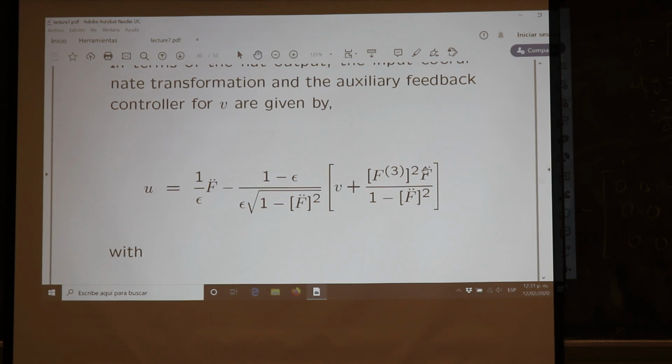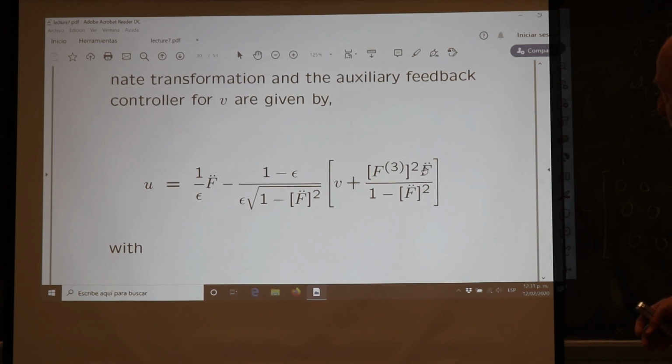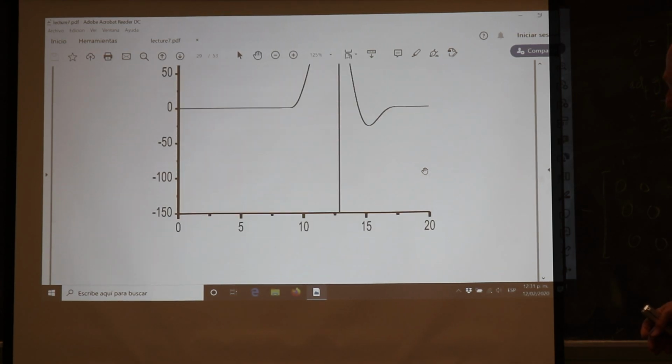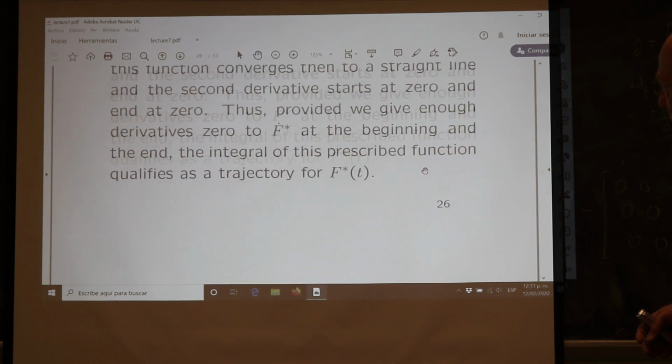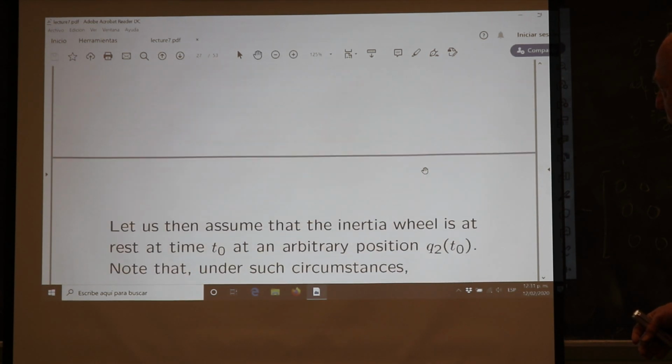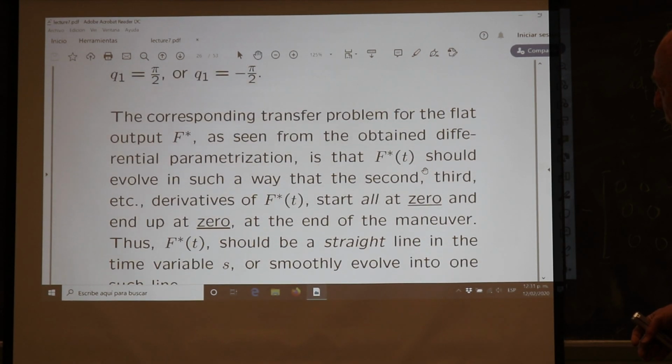So that's your objective. But the flat output depends on Q1 and Q2. So now you start analyzing what's going to happen between the initial and the final point, or at the initial and the final point for Q1 and Q2. And the parametrization, because flatness is able to relate you back to the original states. Sorry that I have to go to this.